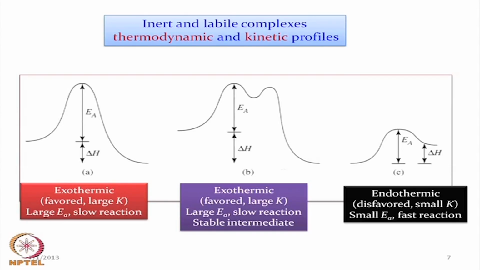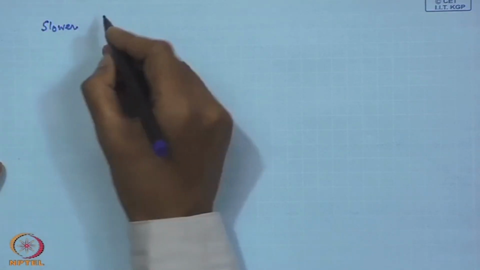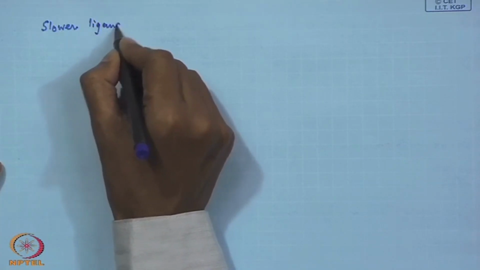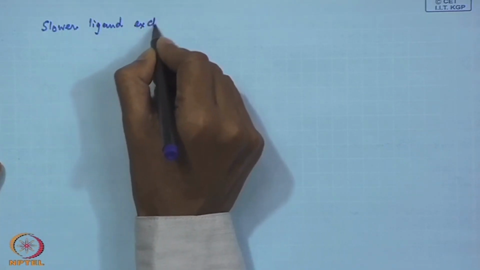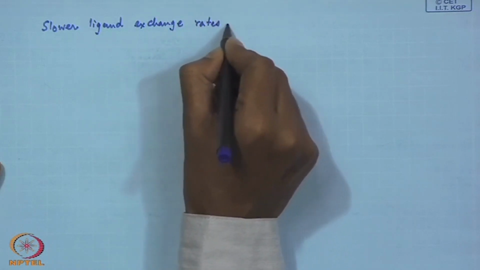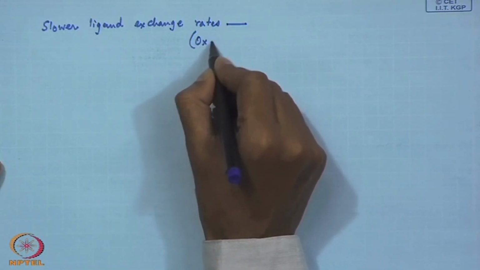So, if we have certain reactions, we can consider some slower ligand exchange rates, which is dependent on the oxidation states.